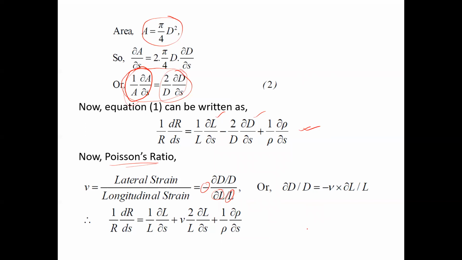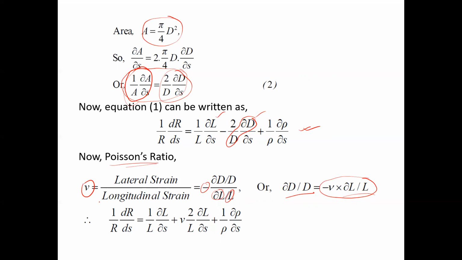So in this way, in terms of the Poisson's ratio, we can have a relation between the change in the diameter and the change in length, and thus this term over here we are going to replace with this term over here.